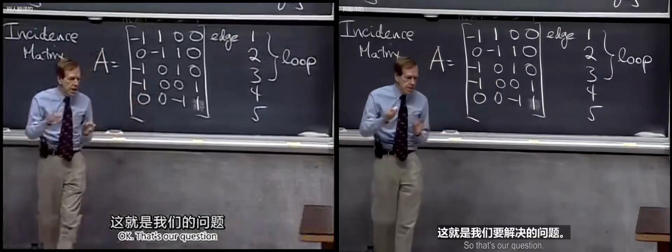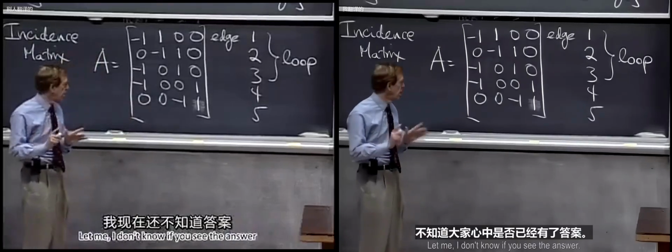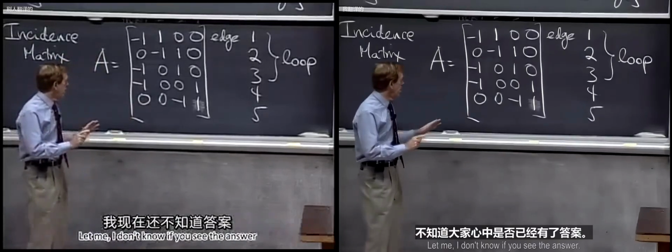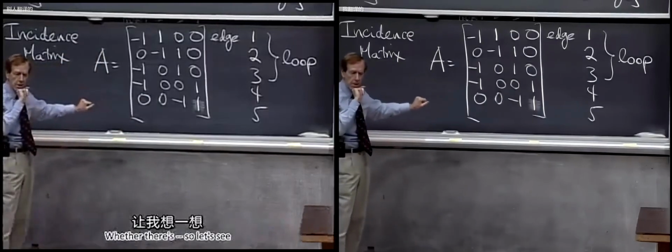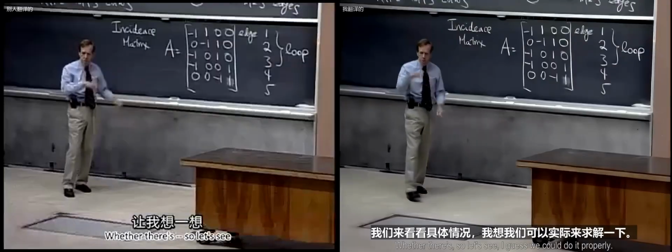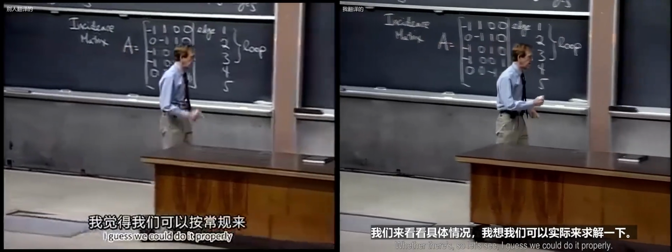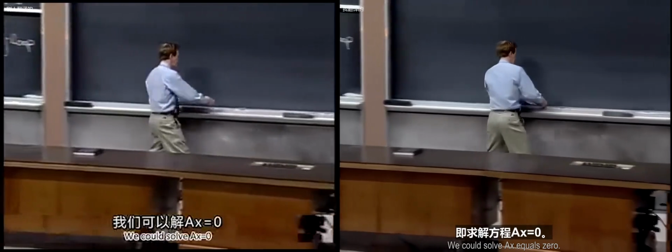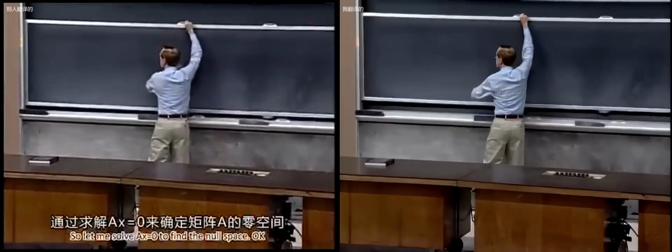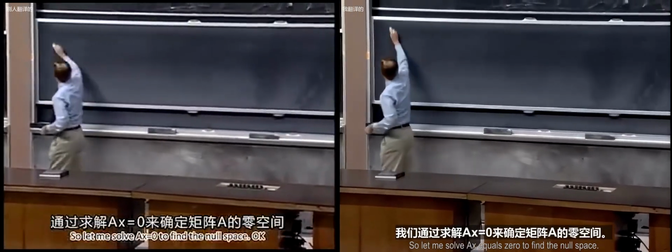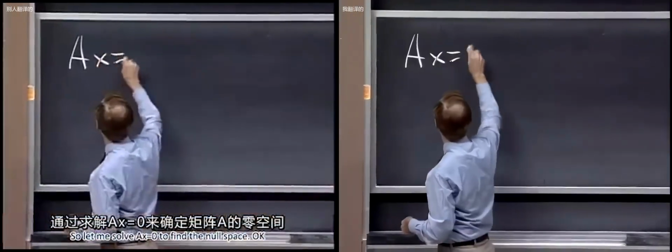Okay, so that's our question. I don't know if you see the answer. I guess we could do it properly. We could solve AX equals 0. So let me solve AX equals 0 to find the null space.